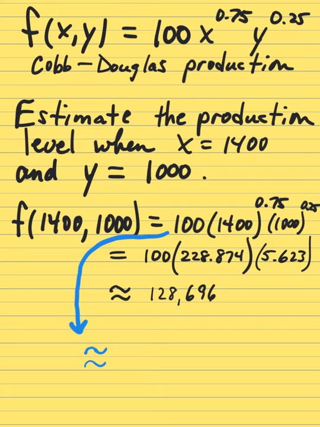Make sure you arrow out of that exponent before you do times 1,000 raised to the 0.25. Now, if I don't round throughout, then I get a more accurate answer of 128,705. That's the one I would trust the most because there hasn't been any rounding to lose accuracy.